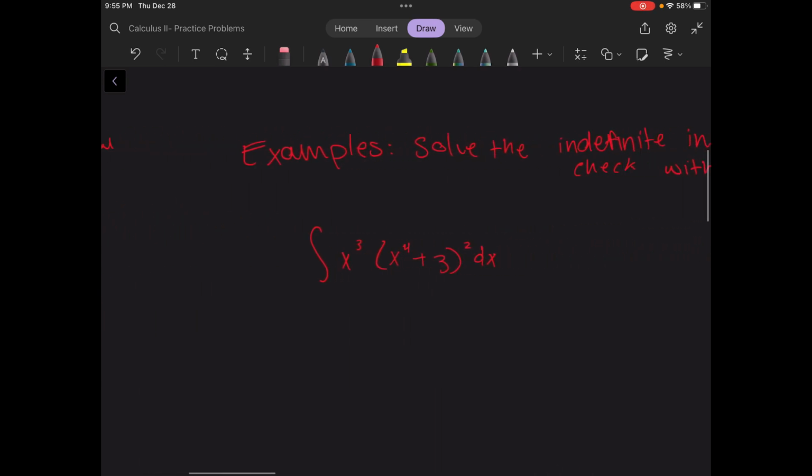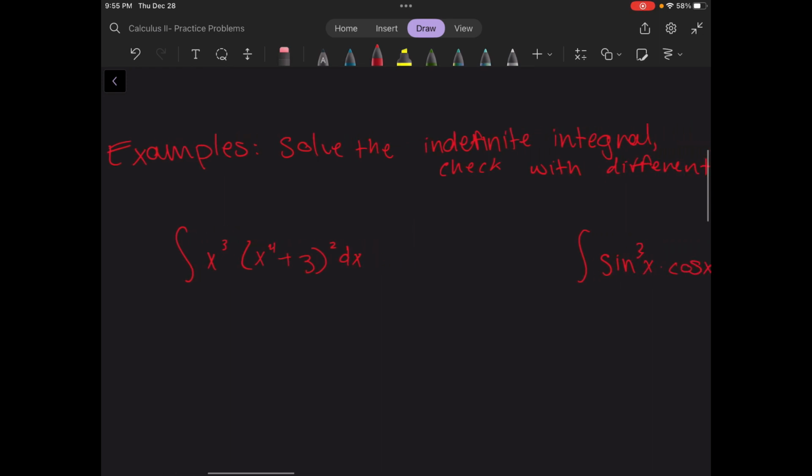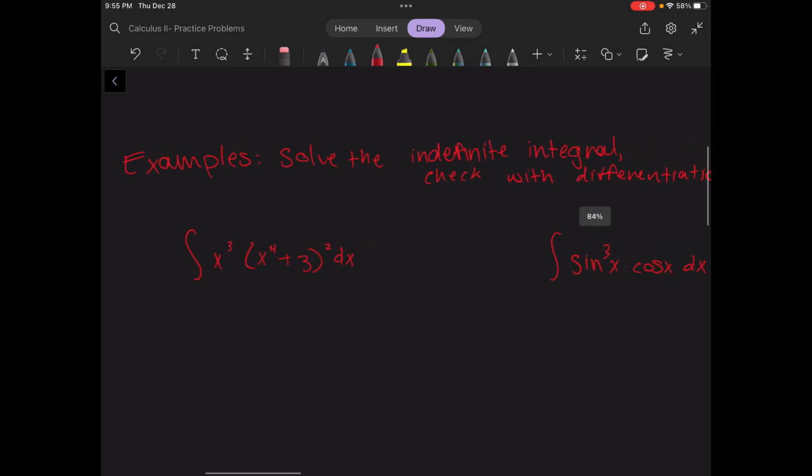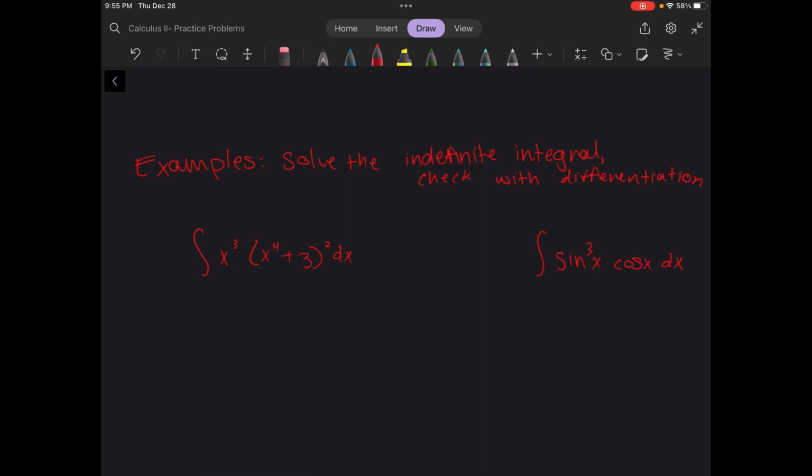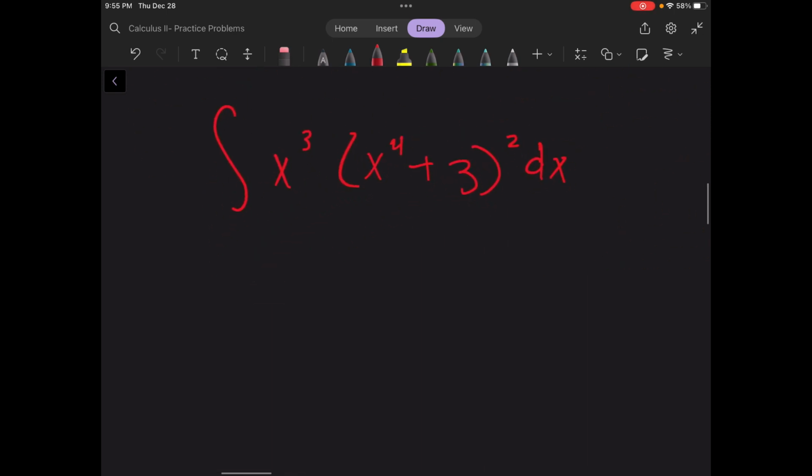So let's move on to some examples of actually solving the indefinite integral, and they want us to check with differentiation, right? So let's look at this example. We're going to find a u and we're going to find a du and then solve the integral. So what do you think would be a good choice for u?